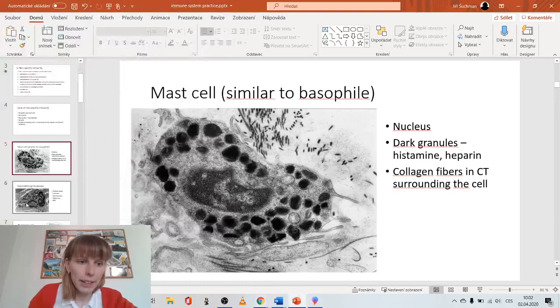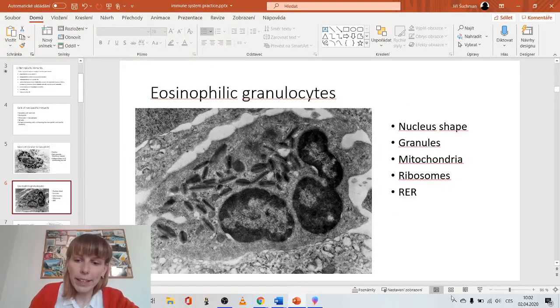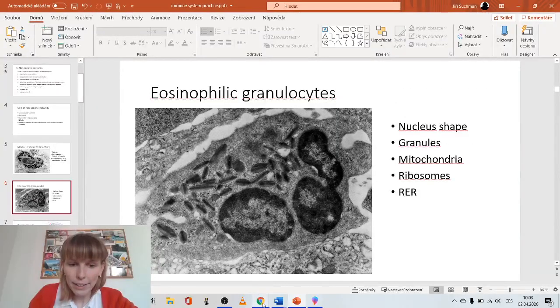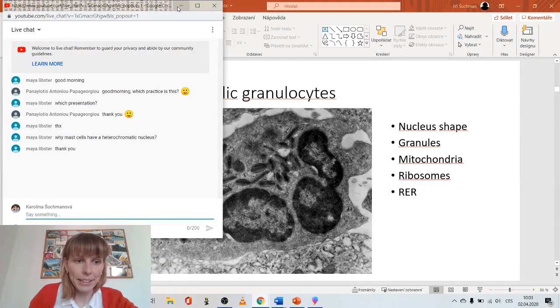So that's the reason. Also in the case of the eosinophil, it's pretty similar. So it's a lot of heterochromatin. It's storing the granules and they are ready for the time when the cell needs to fight the pathogens. So I hope that's clear.